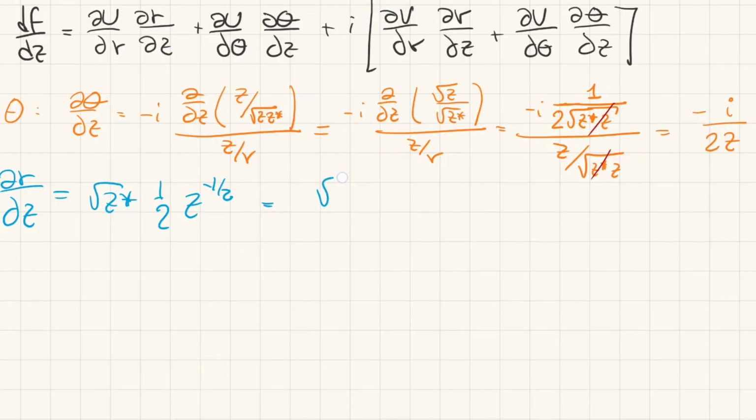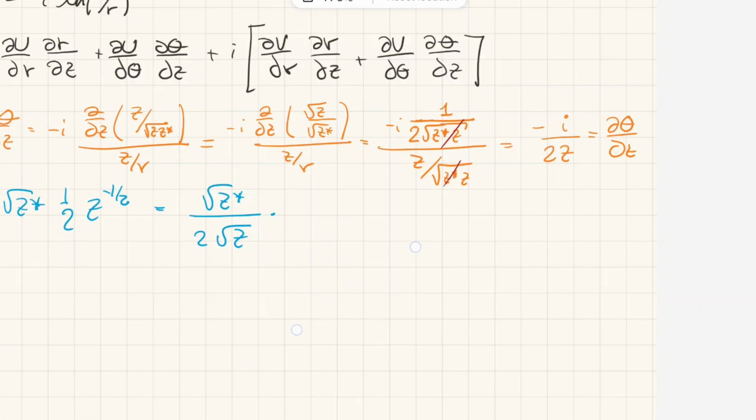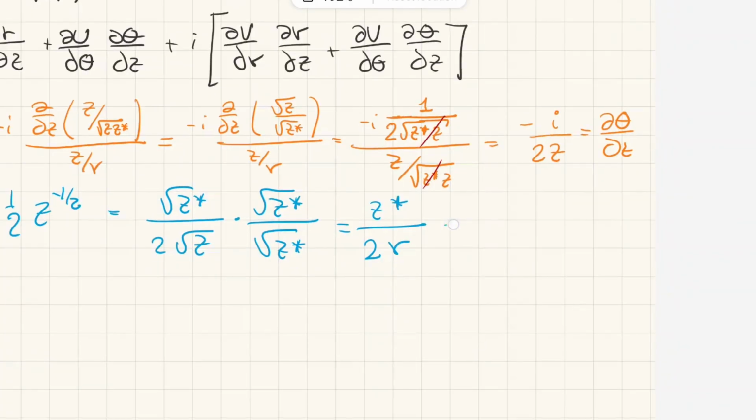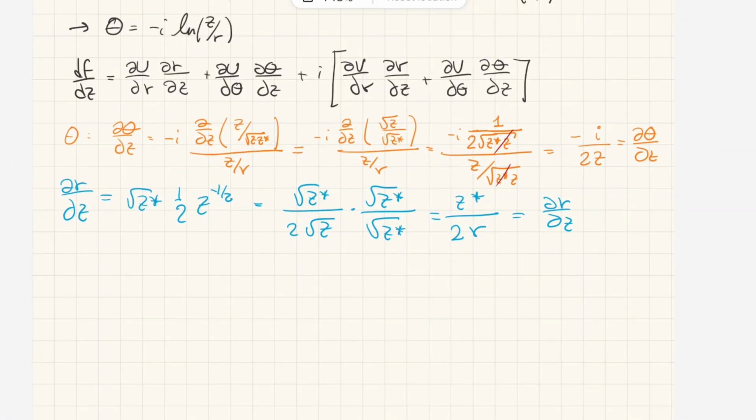So this will be the square root of z conjugate divided by 2 the square root of z, and then we multiply by the square root of z conjugate here and here to get that. Well, this will be z conjugate divided by 2r, right? Recall that r is the square root of z times z conjugate. So this is the derivative of r with respect to z. Okay, perfect.